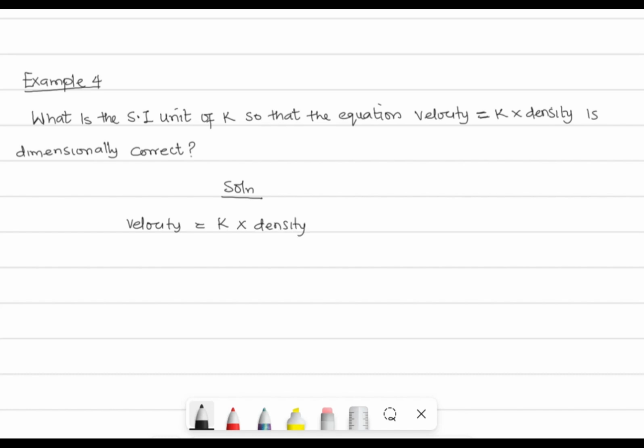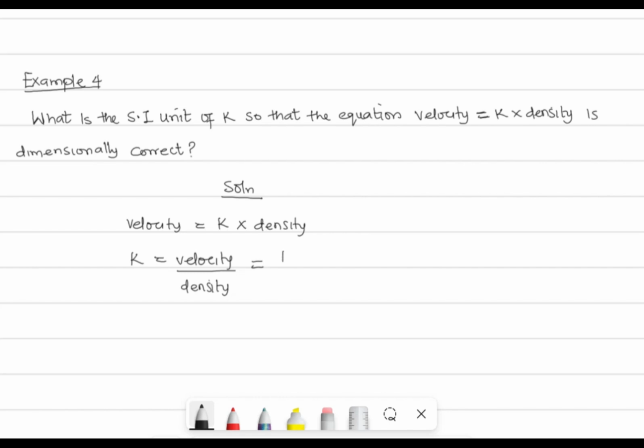First of all, let's make K the subject of the formula. K simply will be velocity over density. The equation can just be paraphrased to say find the dimension for K.